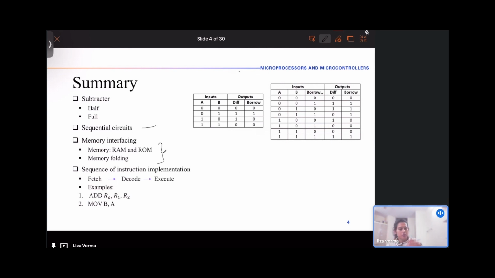Once the microprocessor decodes what operation is to be done, it executes that operation, right? So yeah, this is what we were supposed to cover for the summary.